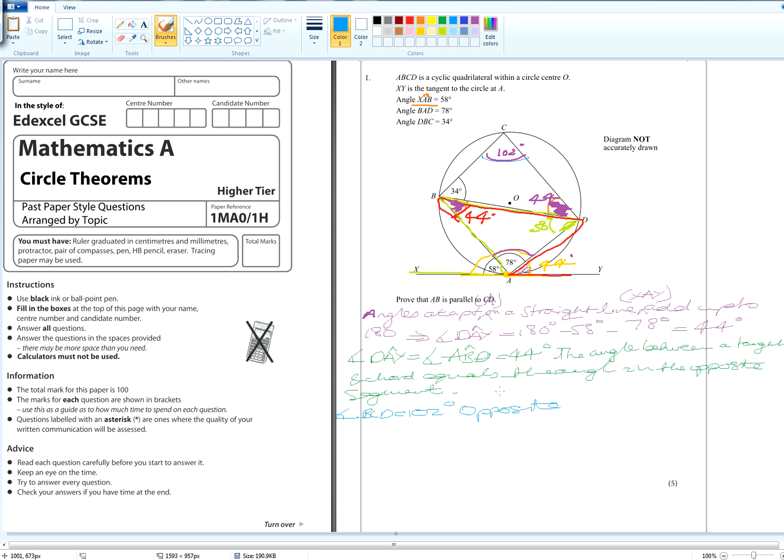So we say opposite angles of a cyclic quadrilateral add up to 180. So that'd be enough. If you wanted, you could put a little calculation in here. 180 minus 78. Done. So we explained the 44, the other 44, the 102.